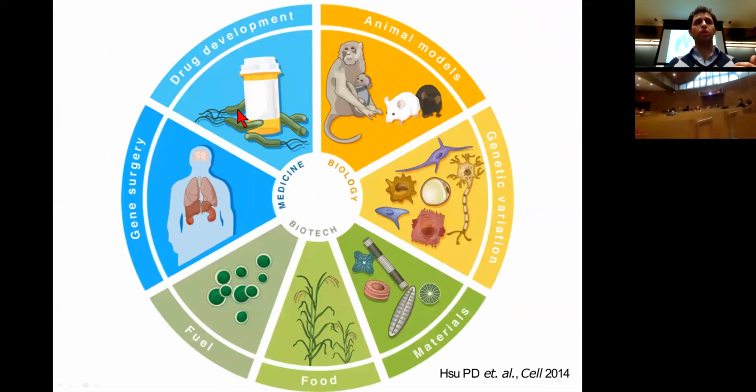But it can also be used to target bacteria, or to target viruses, or to create new drugs, or to create new animal models that are much more effective, such as the mouse that already has the CRISPR system and Cas9 there, or to understand genetic variation, or to create new biomaterials, or, and that's a huge, huge industry, to create more insect-resistant food, or parasite-resistant crops, and so on, or even to create biofuels.